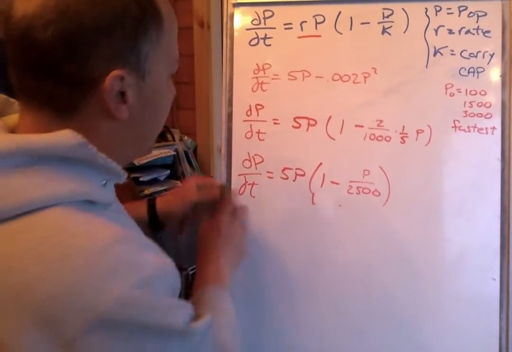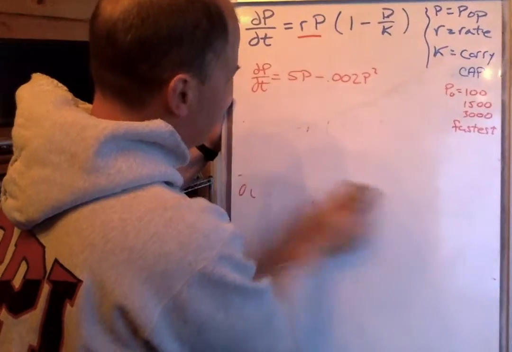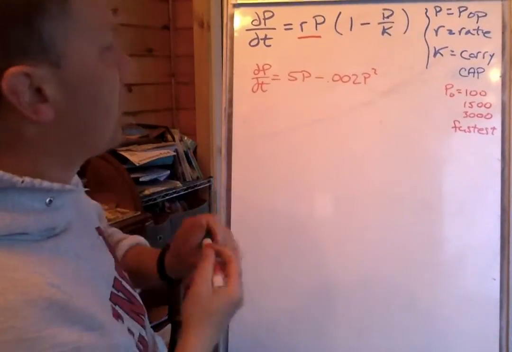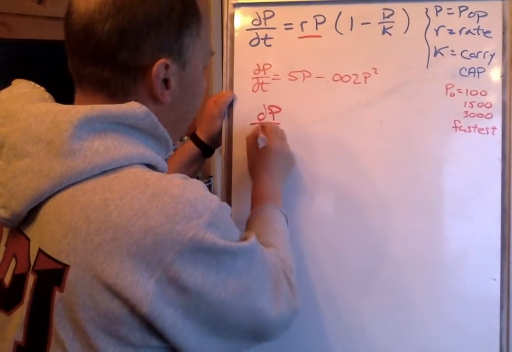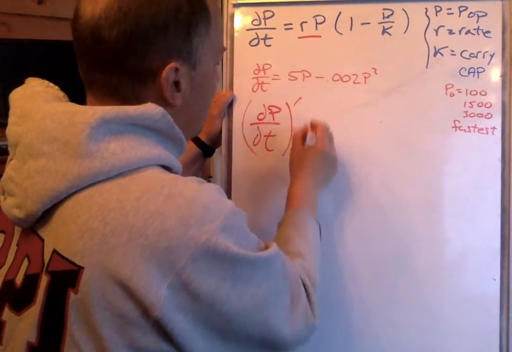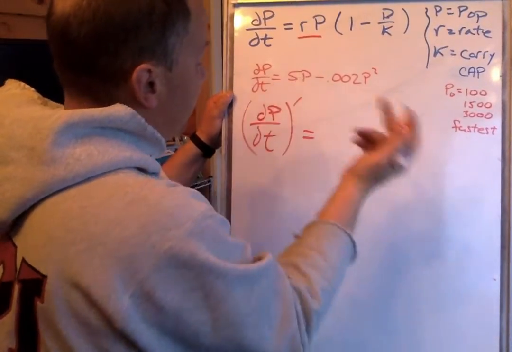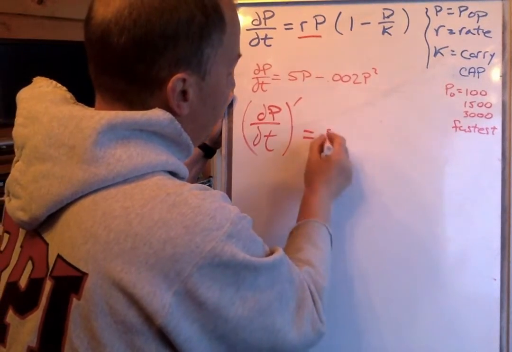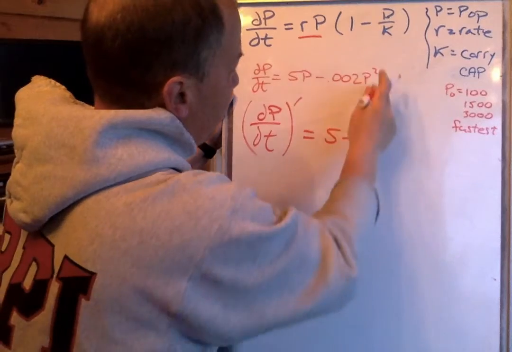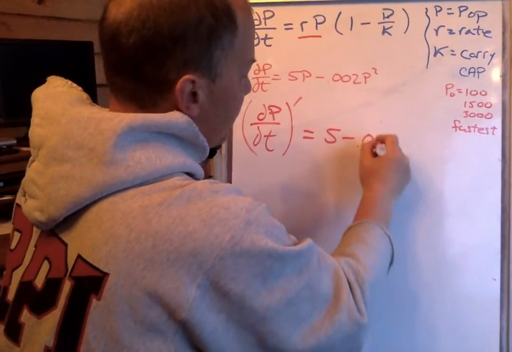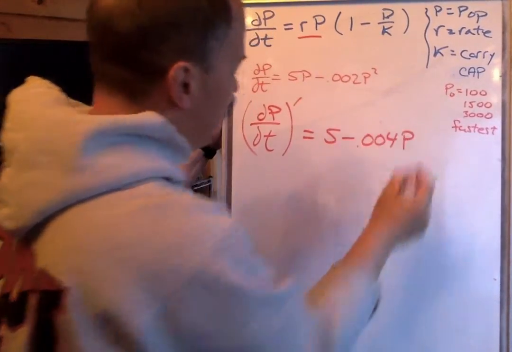I'm just going to erase this. We've seen this answer. So when does this grow the fastest? This is the calculus way to do it. We take the derivative of both sides. The derivative of p with respect to t is 5, and then this is very basic derivatives, minus 0.004 times p.